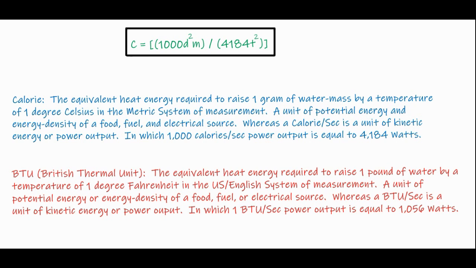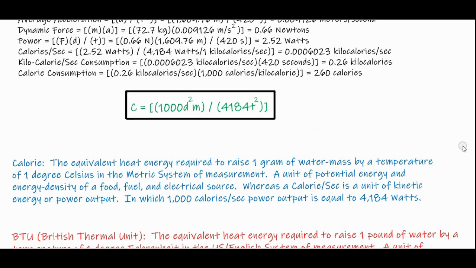It is a unit of potential energy or energy density of a food, fuel, or electrical source, whereas 1 BTU per second is a unit of kinetic energy or power output, in which 1 BTU per second power output is equal to 1,056 watts of power. So this formula will work to compute calorie consumption when walking, jogging, and running on level ground.